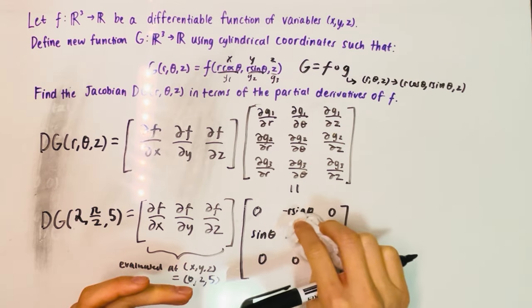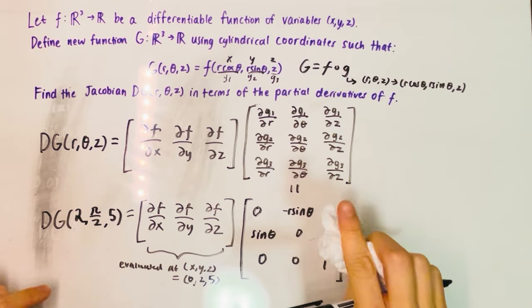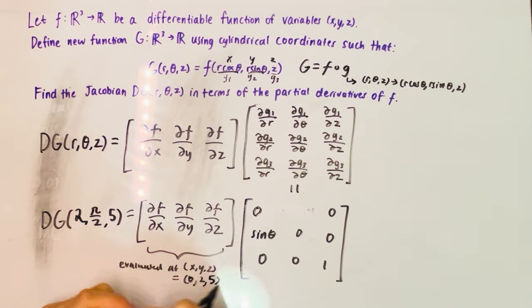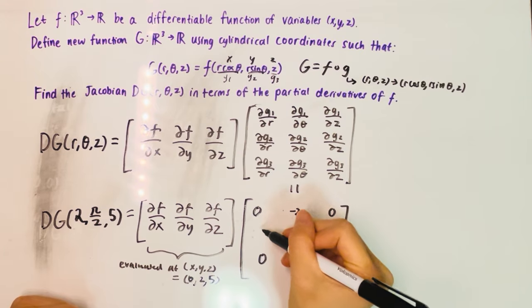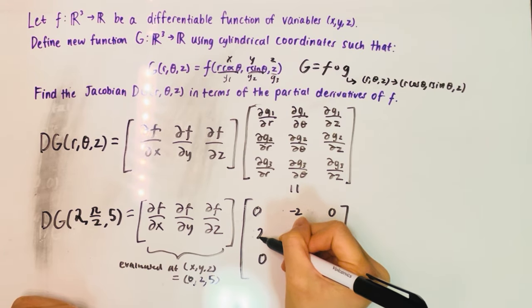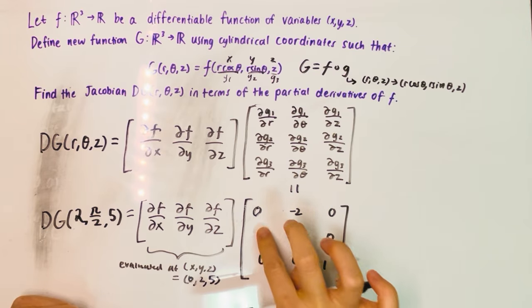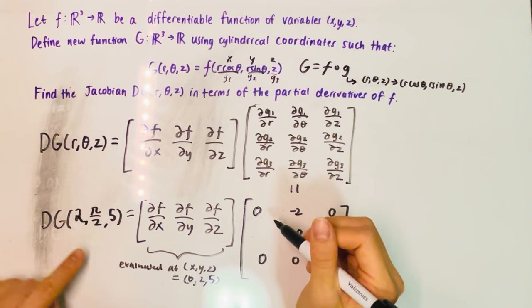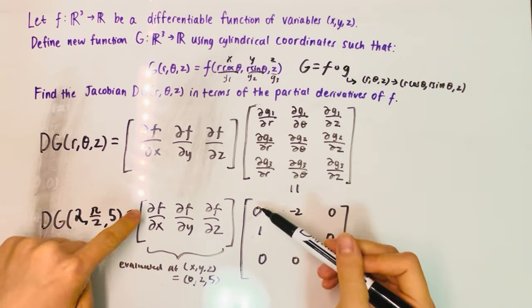Same with here, this would be equal to 0. This would be equal to sine π/2 is 1, so this would be equal to negative 2. That would be equal to 2. Or, sorry, sine of π/2 is 1, so that'd be equal to 1.